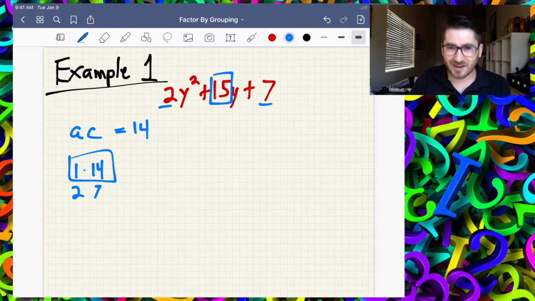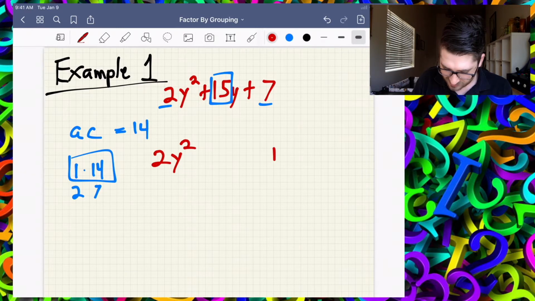And instead of making this X or diamond method bottoms up like you saw in Mr. N's video, what we're going to do with these two factors is we're going to split this 15y. So let me rewrite our problem. We're going to keep the 2y squared, and we're going to keep the plus 7 over here.